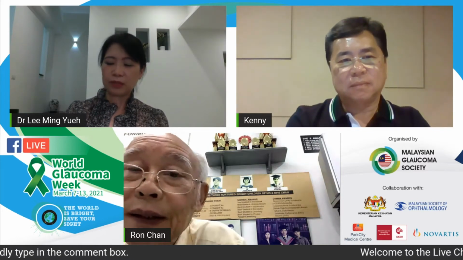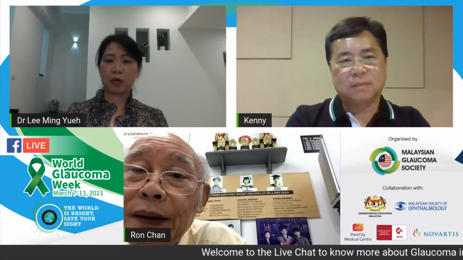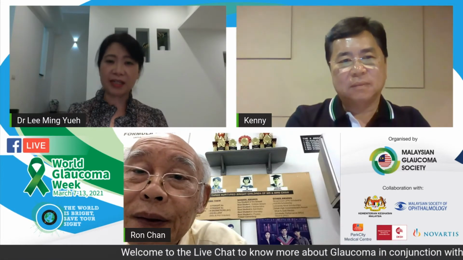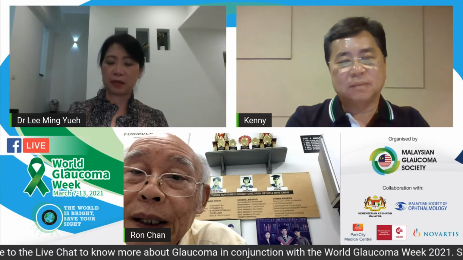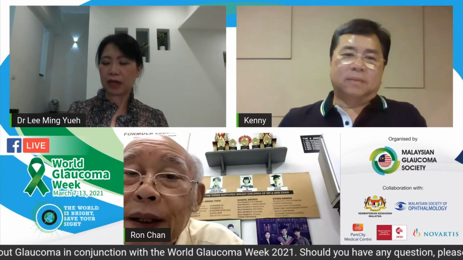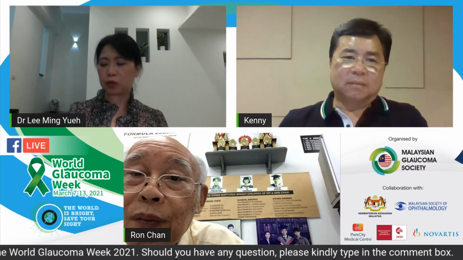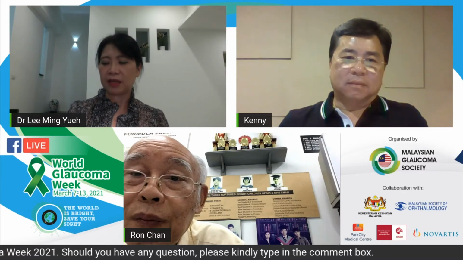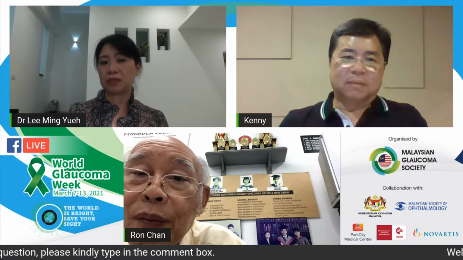So Kenny, you said that you were diagnosed with primary open-angle glaucoma in 2015. I'm quite sure at that point you were started on eye drops. How did you cope with the eye drops? Any side effects? How do you keep yourself adherent to it?